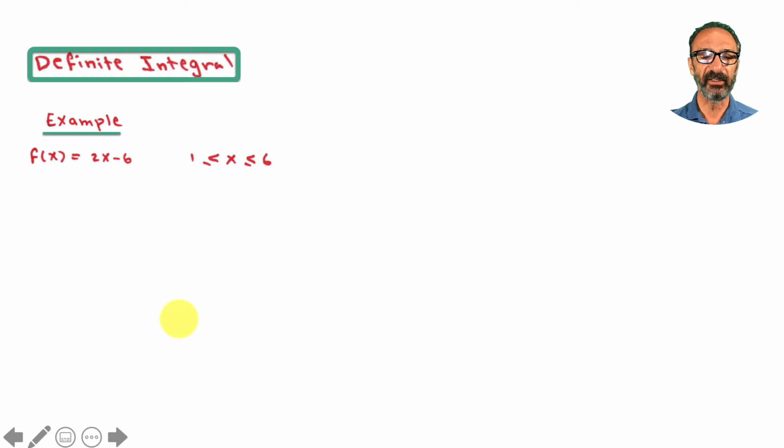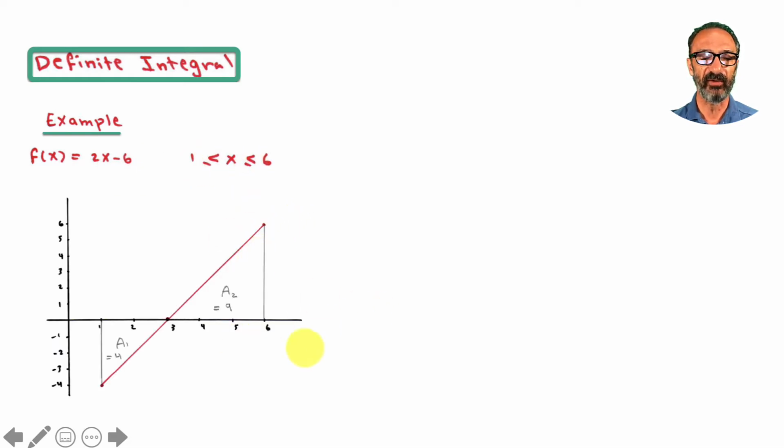Okay, let's be practical and see some examples. Here is 2x minus 6, and we're going to go from 1 to 6. Here's a graph to help us understand. If you look at it, under the curve or the graph from 1 to 3, we are beneath the x-axis, so the height will be down. f of x1, f of x0, is going to be negative.